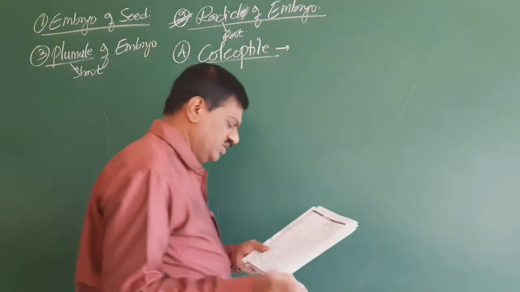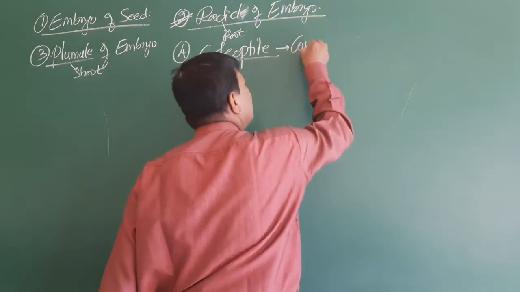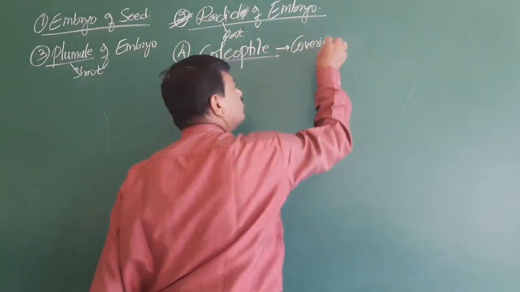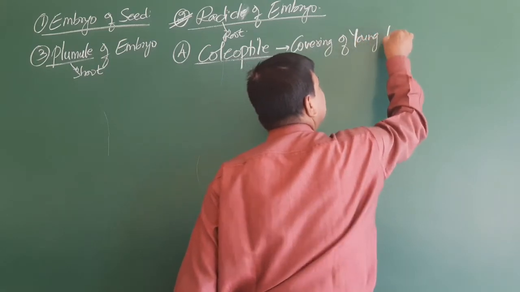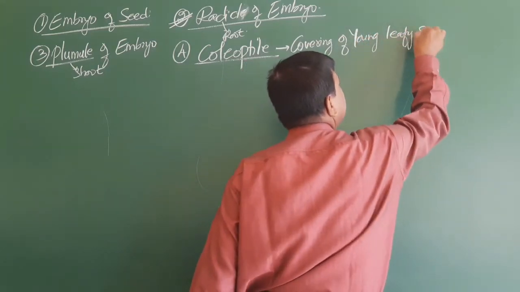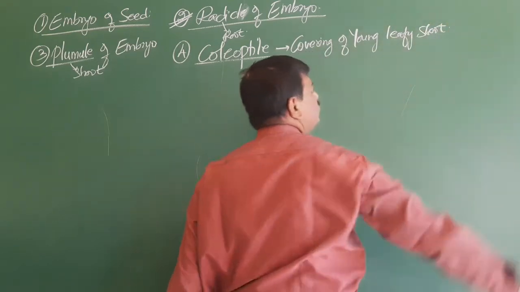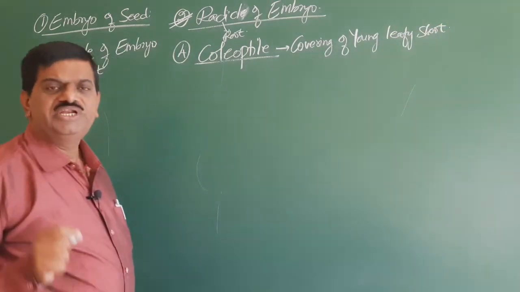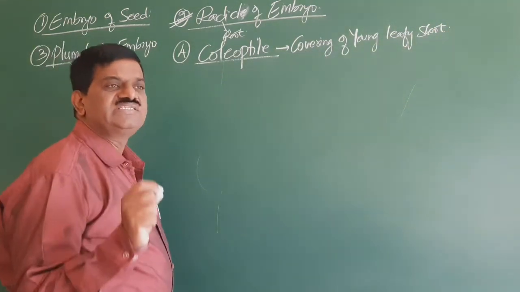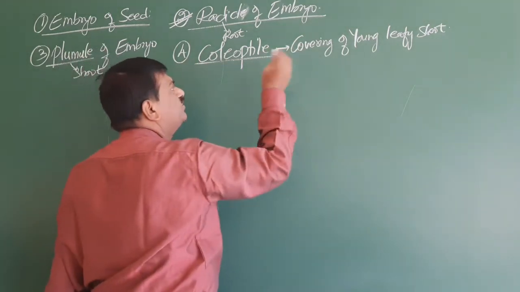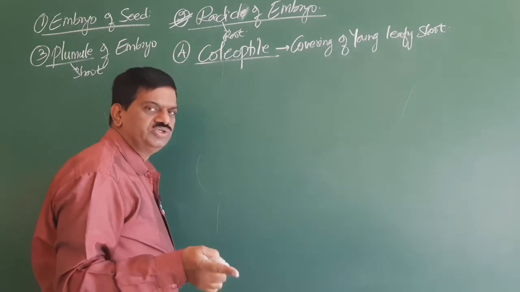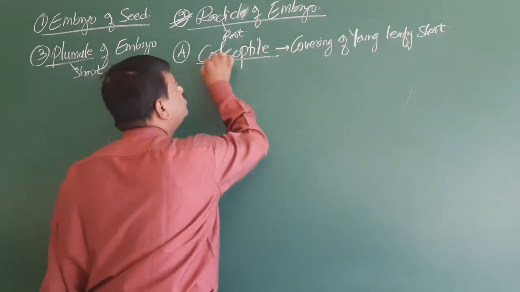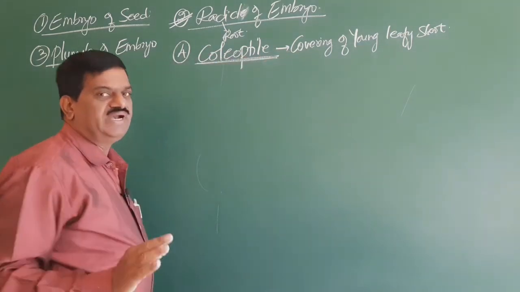So the covering of a young leafy shoot is called coleoptile. In a root, we have seen that the radicle is giving rise to the root, so the root usually takes its origin from the radicle.